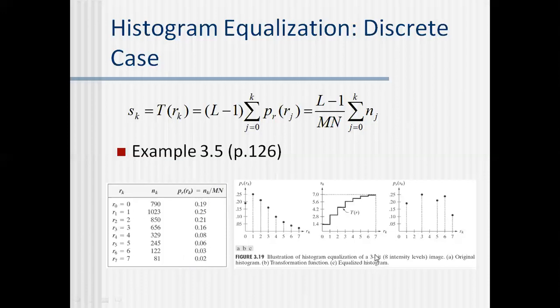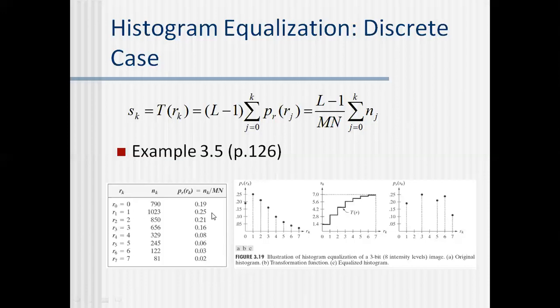Then we can plot the functions here. So here is RK. We already have RK values 0 to 7, 0, 1, 2, 3, 4, and so on up to 7 on the x-axis. Then we can plot the probability functions, which start from 0.19, next 0.25, and so on up to 0.02.